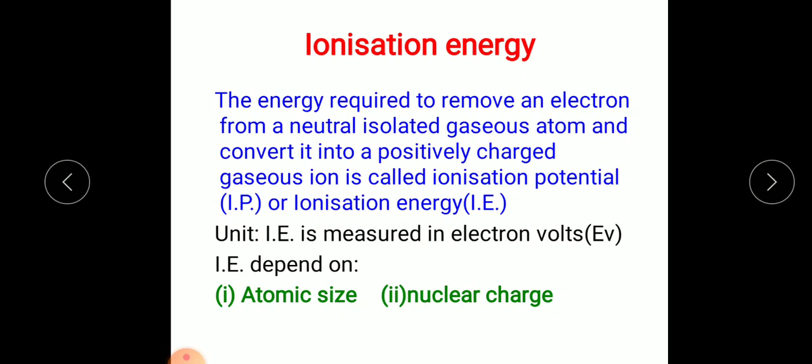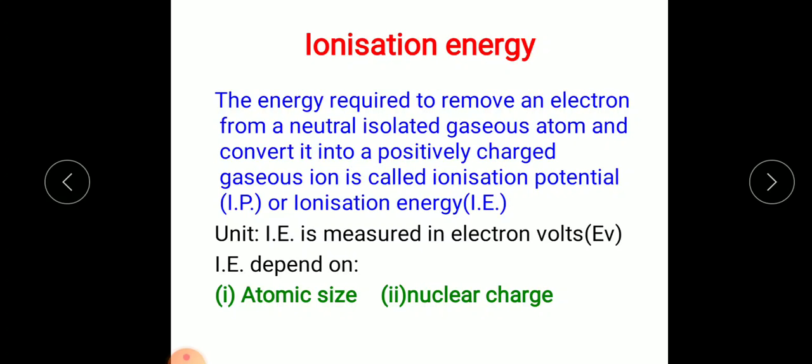Whatever amount of energy is required to remove the electron from the outermost shell of a neutral gaseous atom, so that it can be converted into a positively charged gaseous ion, we call ionization potential or ionization energy. The unit of ionization energy is expressed in electron volt.